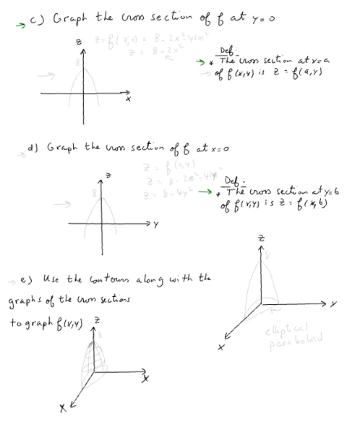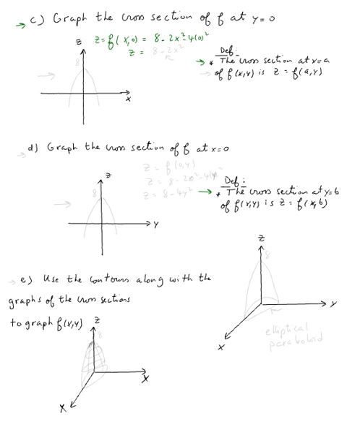So z is equal to f of x, 0, which is equal to whatever you see while you plug in a 0, so that would be 8 minus 2x squared minus 4 times 0 squared.